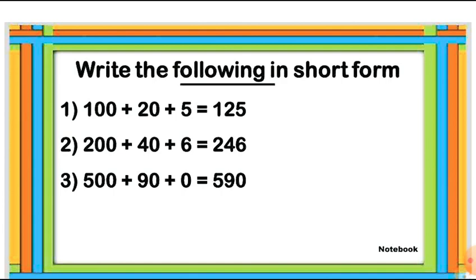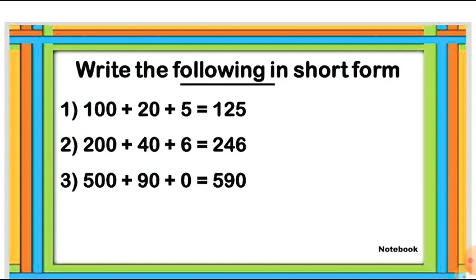Now look at the second question. 200 plus 40 plus 6, which is equal to? Yes, 200, so first you write 2, then for 40 you write 4, and 6 you write in the ones place. So you got the number 246. This is the short form of this number.